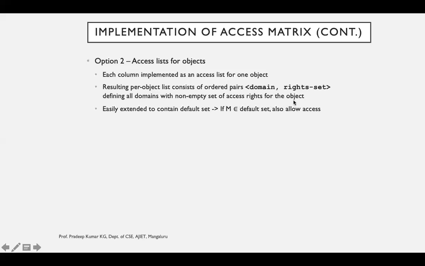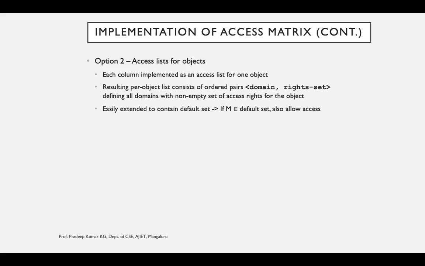Consider that a particular machine has around 10 to 50 domains. It is not certain that all 50 domains will access one particular object; we are not guaranteed that.